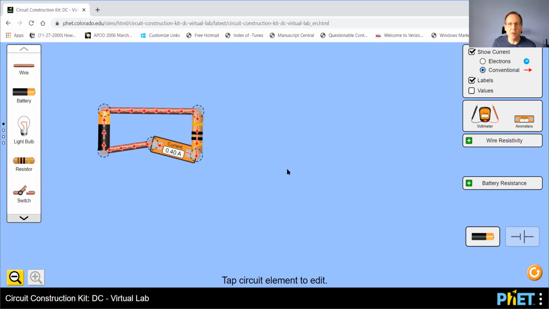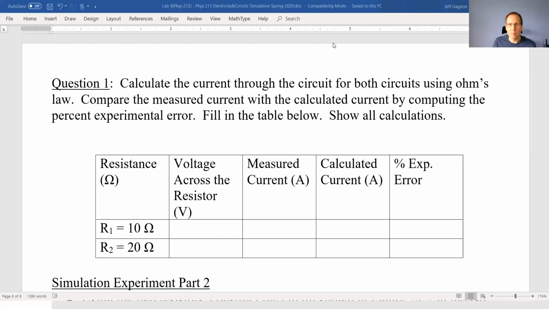Okay, let's go back to the handout for a second. Question 1 is to fill in this table with the measured voltage across each resistor, the measured current that you got from the ammeter, and then you want to calculate the current using Ohm's law, and then compute the percent experimental error.